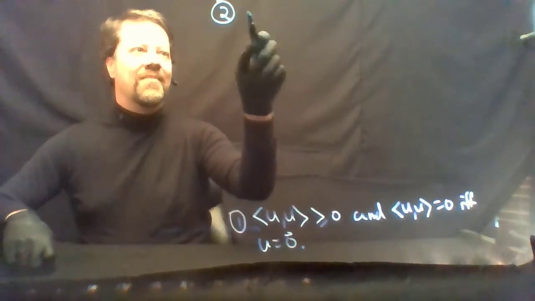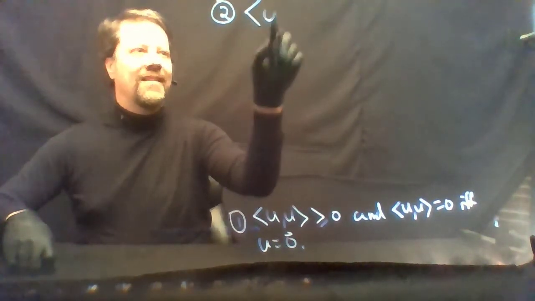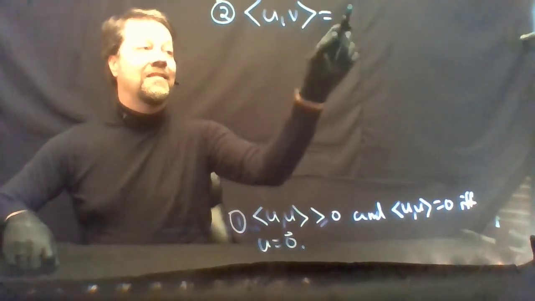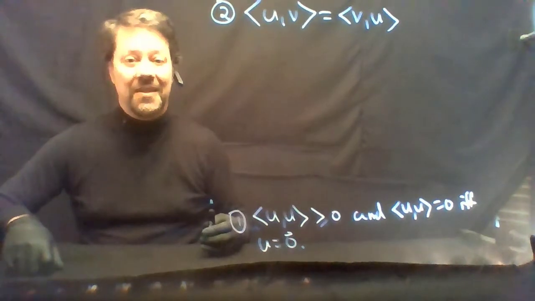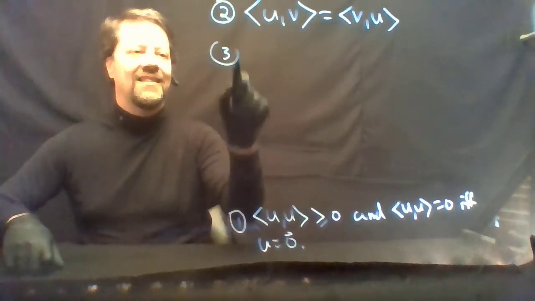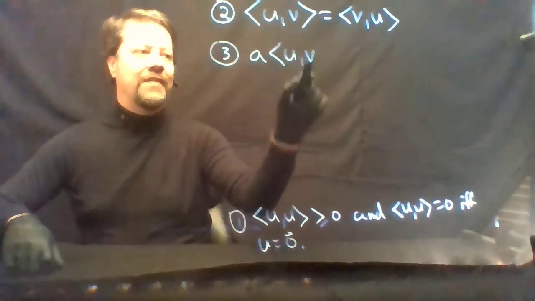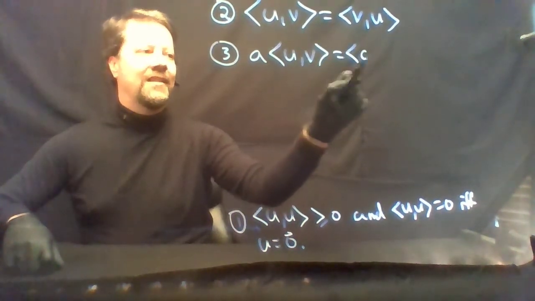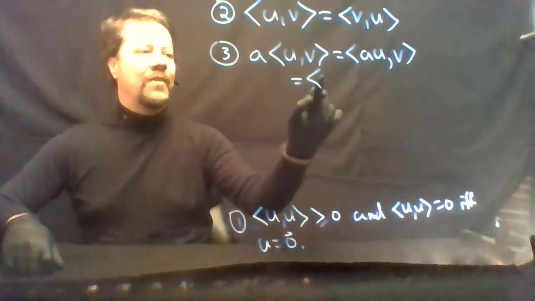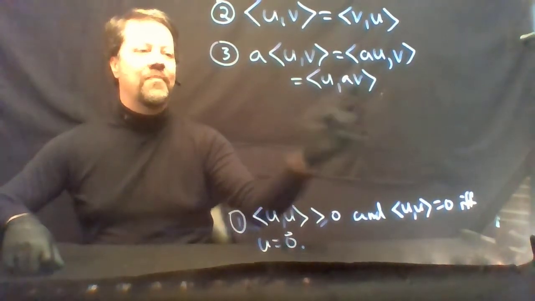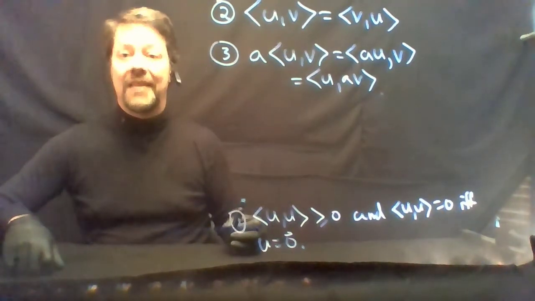Second, the inner product of u and v is the inner product of v and u. Inner products are symmetric. Third, a scalar times the inner product of u and v is scalar times u and then v, or u and then scalar times v. Scalar factors can be associated with either of the factors in the inner product.